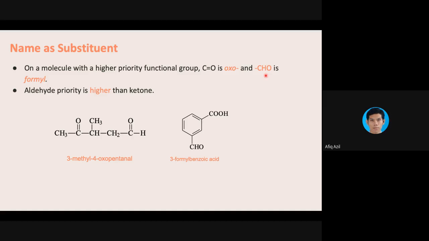So this one, 3-formyl benzoic acid. Why number 3? Because it is at position number 3 with respect to the C double bond OH. 1, 2, 3. So aldehyde has higher priority than ketone, but carboxylic acid has higher priority than aldehyde and ketone.